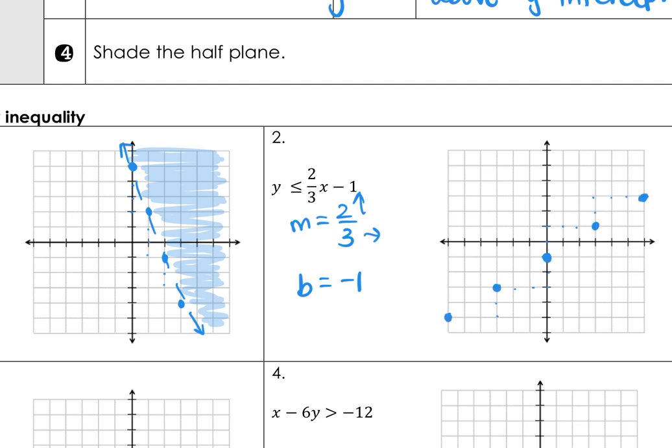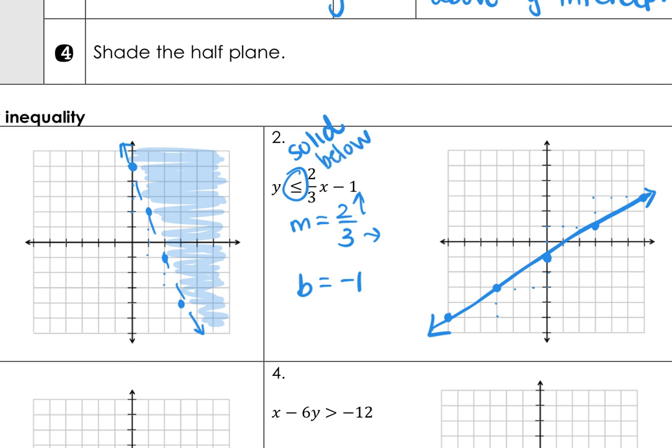Now we're going to graph our boundary line. But again, we're looking at this inequality sign. This inequality sign says less than or equal to. Since it includes the or equal to, our boundary line is going to be a solid line. And since it's less than or equal to, when we're deciding where to shade, since it's a less than, we need to shade the area below the y-intercept.